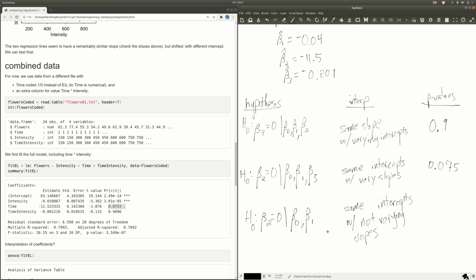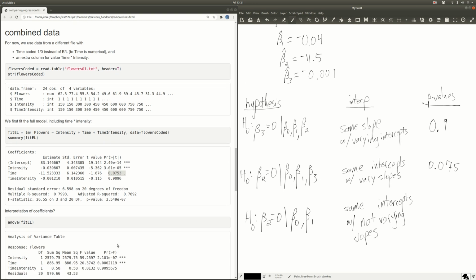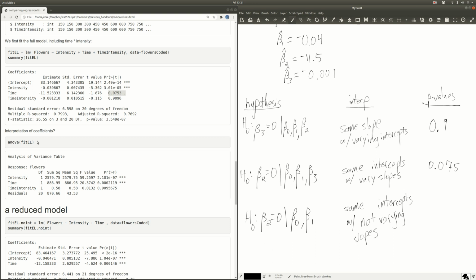So how could we get the p-value for this test? Well, remember that when you fit the model and then you call Anova on it, it gives you the sequential sums of squares table. And because the interaction term, so x3, comes after x2, we can use the Anova table to test this hypothesis.